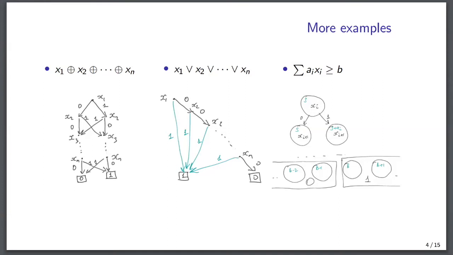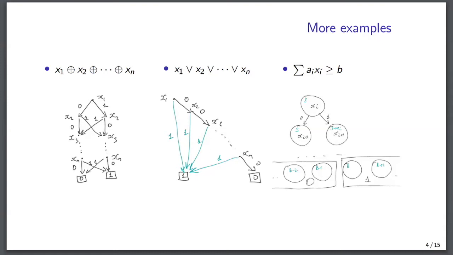The third example is the linear threshold function. Namely, we have an inequality with integer coefficients and Boolean variables, and the function is true if this inequality is true and false if not. If all coefficients are small, then this function also has a short representation as an OBDD. The idea is that we compute the partial sums.